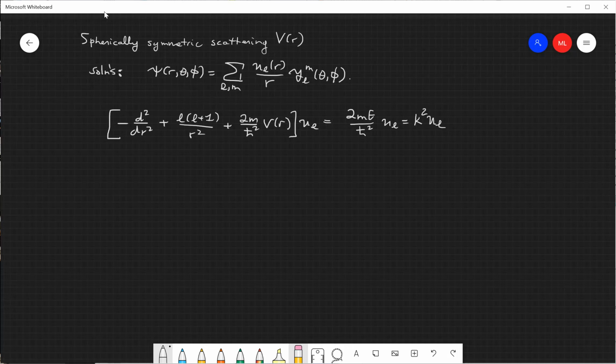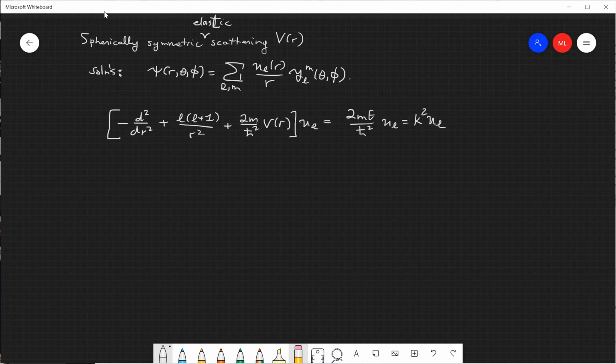So we're looking for, and I should also say, spherically symmetric elastic scattering. And we'll mostly deal with elastic scattering. I'll mention something about inelastic scattering, but for the most part in these quantum mechanical problems, we'll deal with elastic scattering, meaning that the energy is conserved, right?